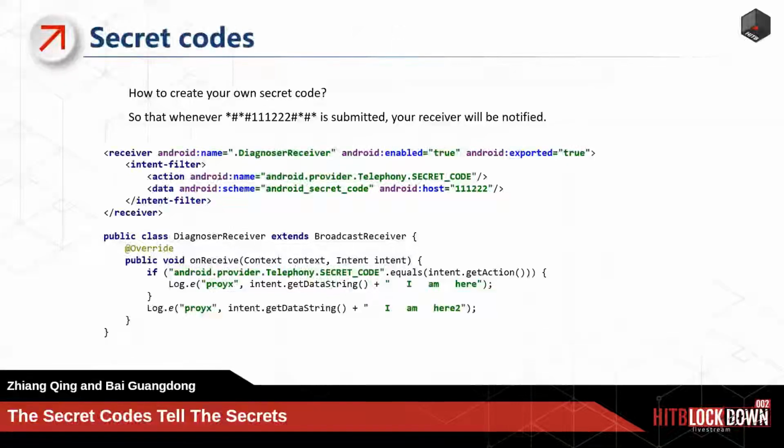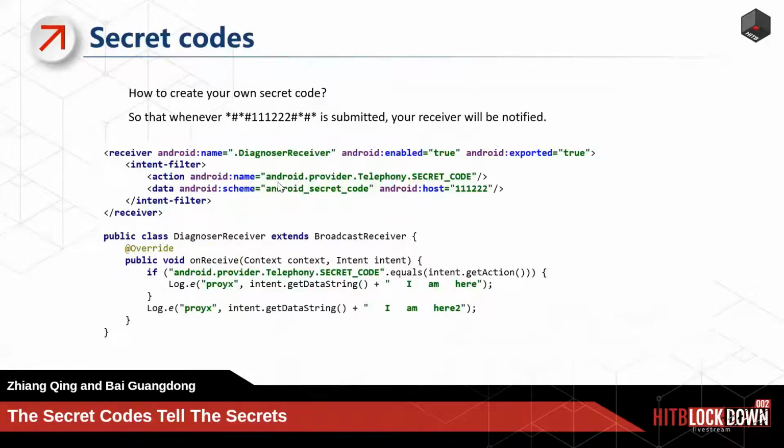So you can actually create your own secret code. What you can do is put these lines of XML code into the AndroidManifest.xml. Basically, it registers a broadcast receiver for this application. You can find that the action is the one I just mentioned in the previous slide.